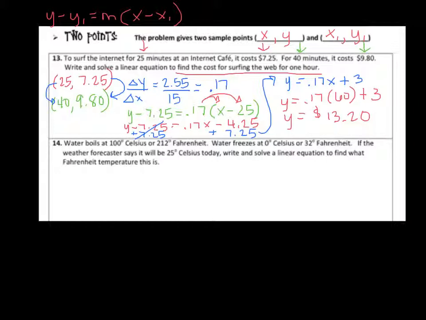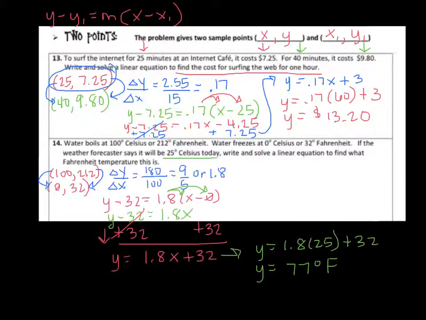I chose to use this top point right here, and I substituted into my equation where x1 and y1 were. And then I also used my slope. Then I just simplified and solved for y, and once I had it in slope-intercept form, I could use the information they gave me. So the 1 hour went in for minutes, 60 minutes, and then I just did that computation. Okay. So what I'd like for you to do now is go ahead and pause the video and do number 14, and then you can check your work with mine.